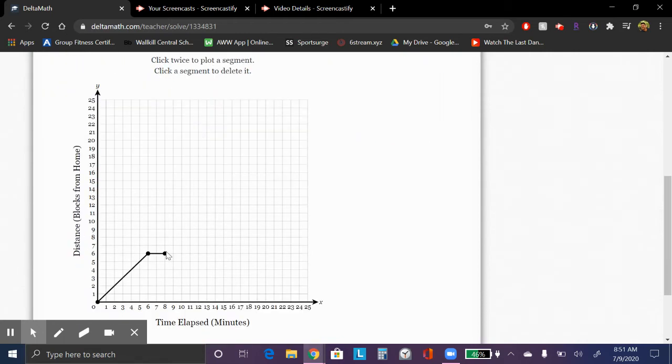So 2 blocks per minute until she got 4 blocks away from the store. All right. So this is the store, and this is 4 blocks away.